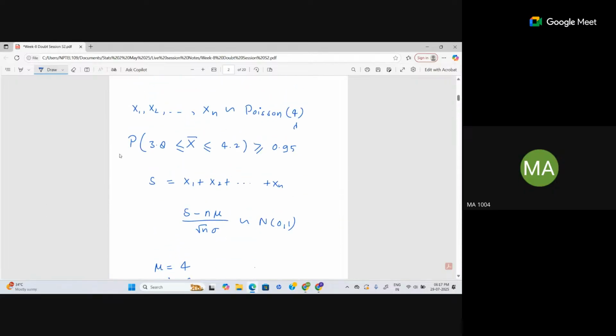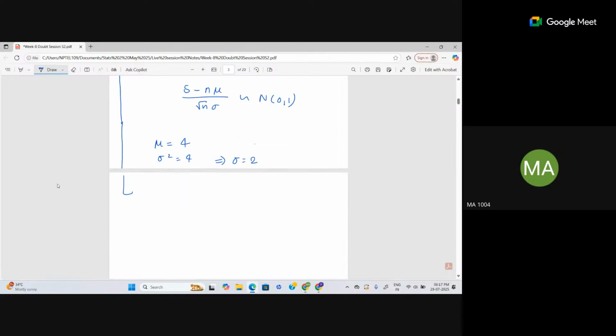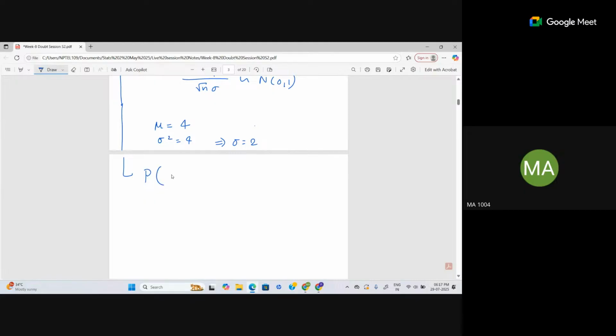Now we have to use this thing here. So probability that 3.8 is less than or equal to x bar, which is less than or equal to 4.2, is greater than or equal to 0.95, right?